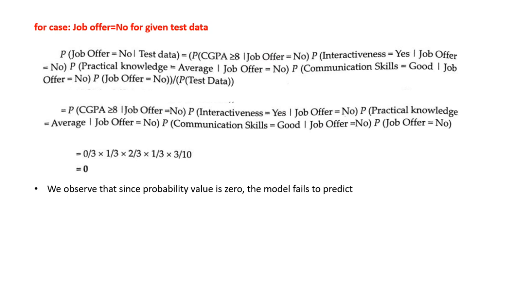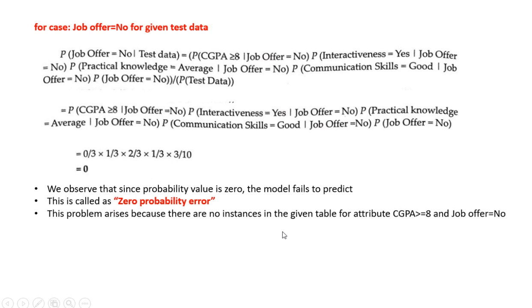When you apply the Naive Bayes theorem for prediction and one of the posterior probabilities gives us a value 0, we say that the model fails to predict. This is called a zero probability error.